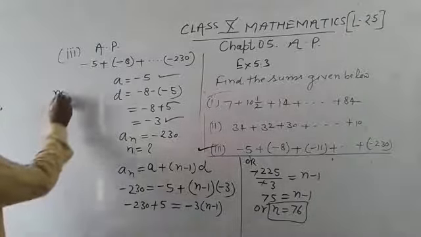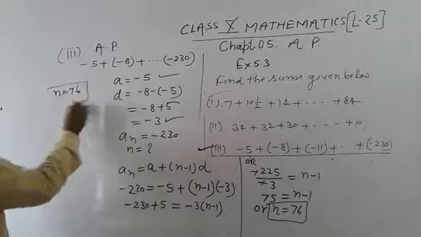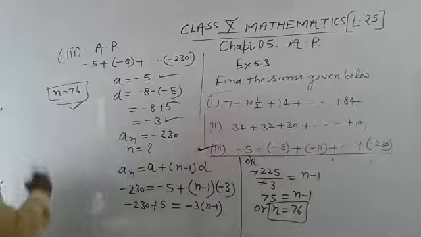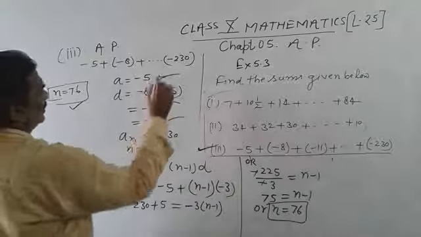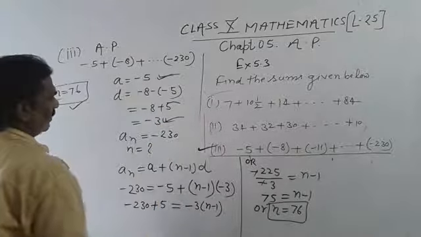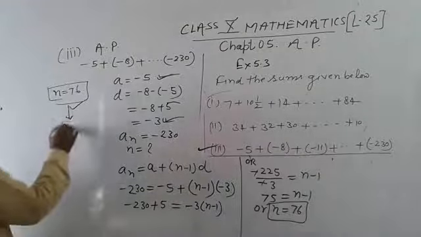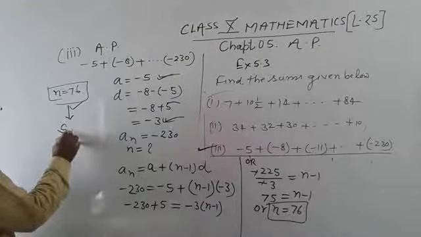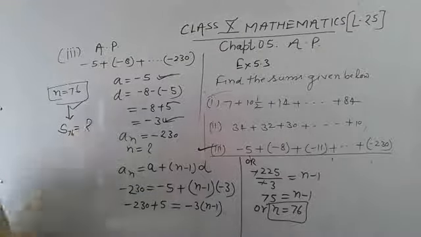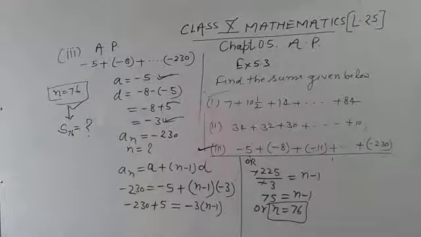and now we will try to find the sum of 76 terms. Okay, so n is given here, a is given here, d is given here. Now no doubt you will find S76. Okay students, so write the solution.